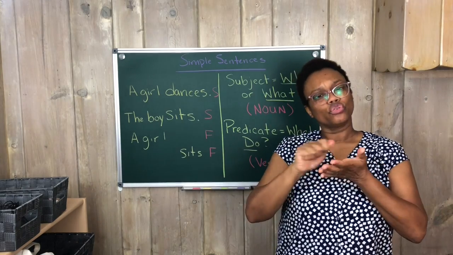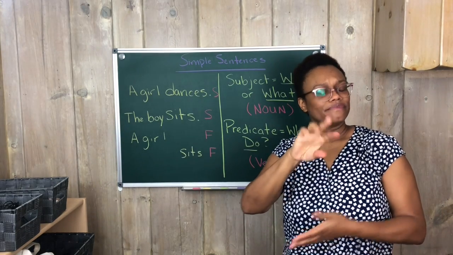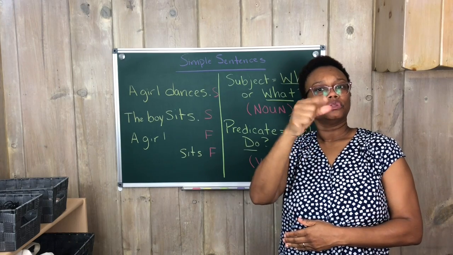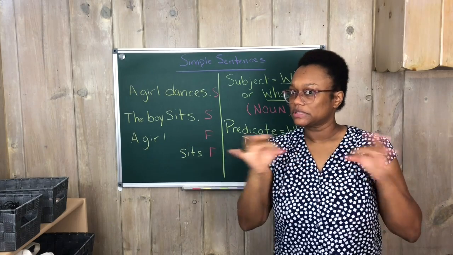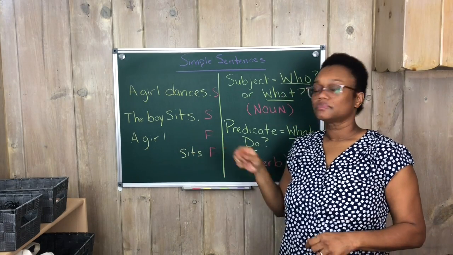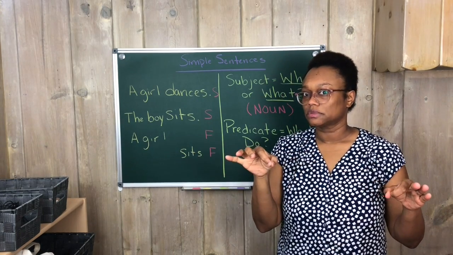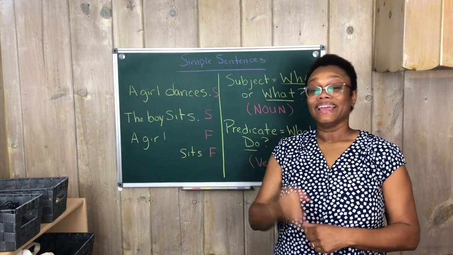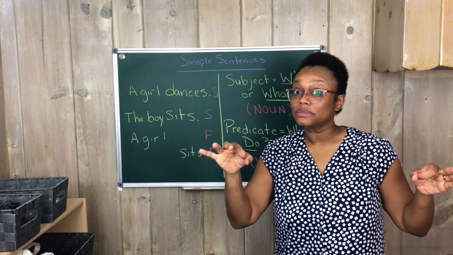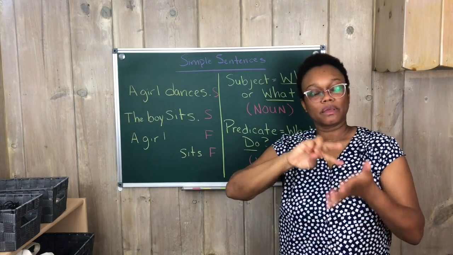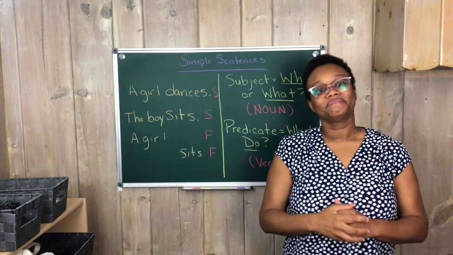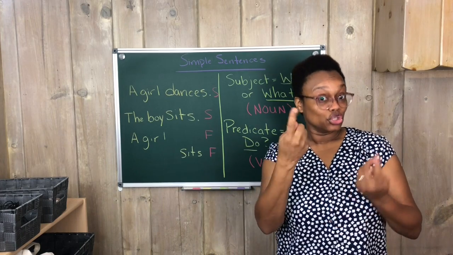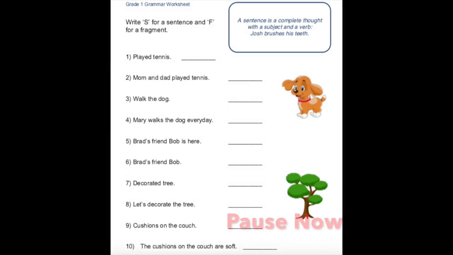If it's not a sentence, you would write F. And F means fragment, which is part of a sentence. It means it's not a sentence. It's only part of it. So if it's a full sentence, you would write S, which means sentence. So I want you to try now. Please pause now.